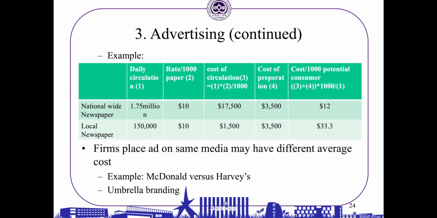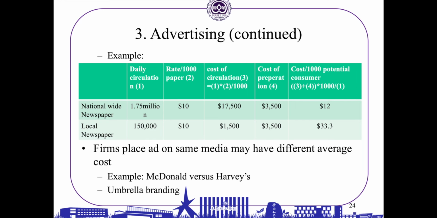Suppose the cost of preparation is $3,500. The cost per potential consumer is therefore $17,500 plus $3,500 divided by 1.75 million, which is $12 per 1,000 potential consumers for the national paper, and the cost per 1,000 potential consumers is $33 for the local paper.